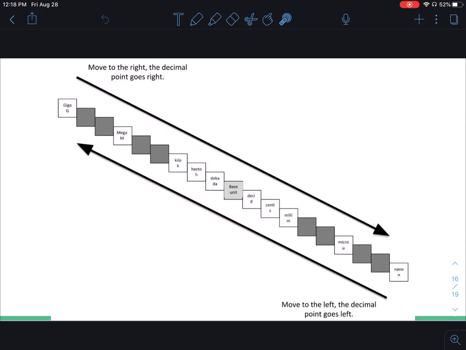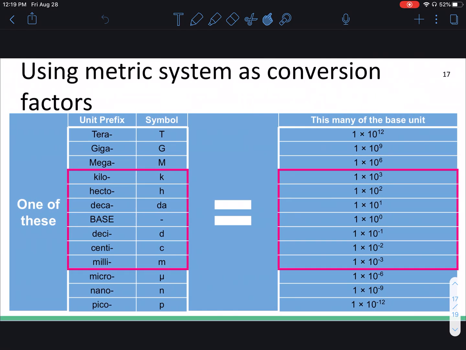And 6 places up means that you move the decimal place 6 to the left. If you would rather use dimensional analysis, the values on this side would be the ones that you would plug into the conversion factors.